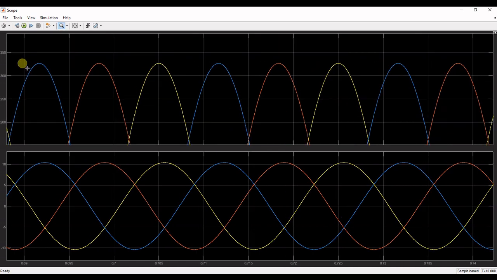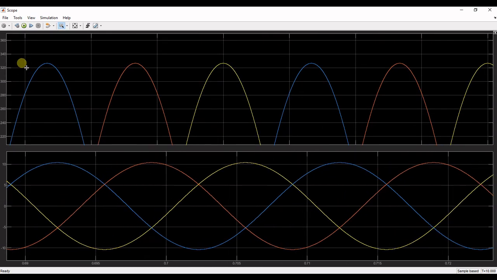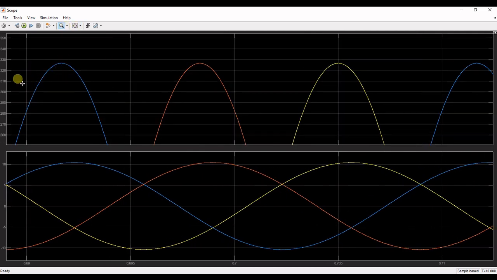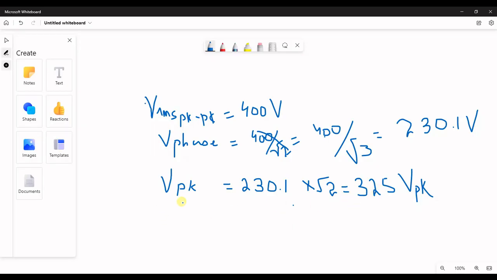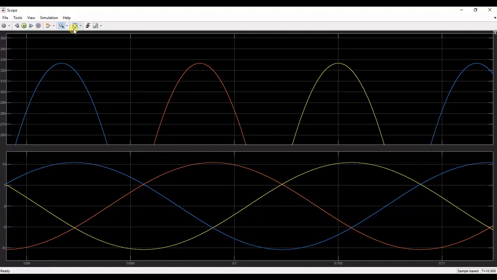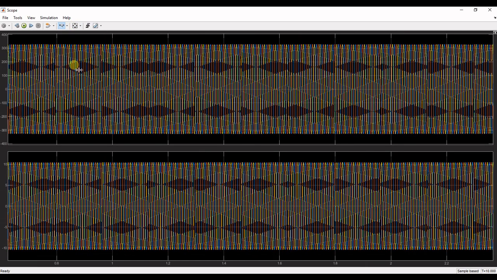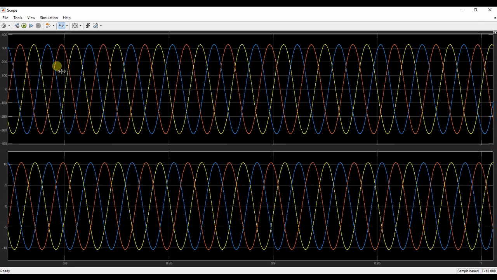When we look at the waveform, the peak is around 325 volts as per the formula of peak voltage. So this is how we confirm whether our waveform is as per our given requirement or not.